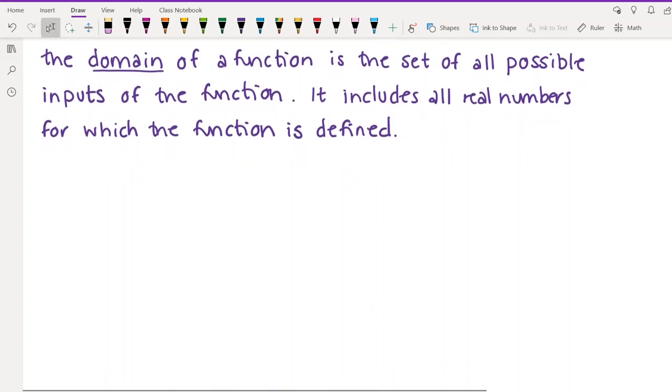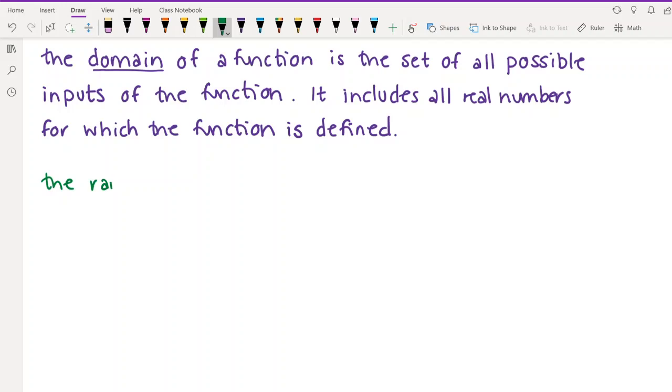By the way, there's also another word that you might have seen before, which is the range of a function. So I'm going to define that. We're not going to be focusing on that for now. We'll get to that when we talk about graphs of functions, because it's just a little easier to talk about range of functions with graphs. But I'll just write that down so you know what it is.